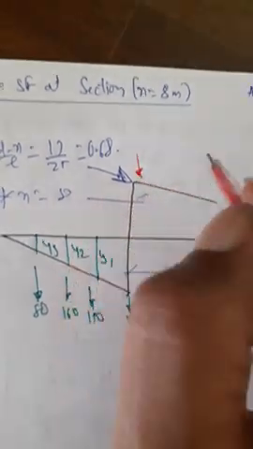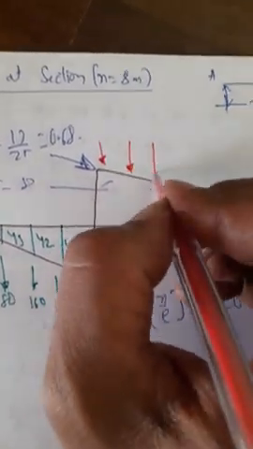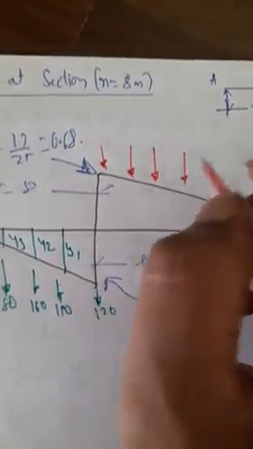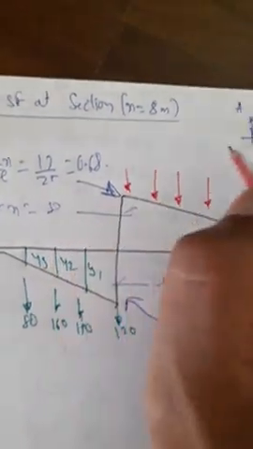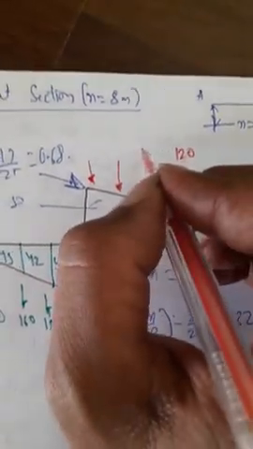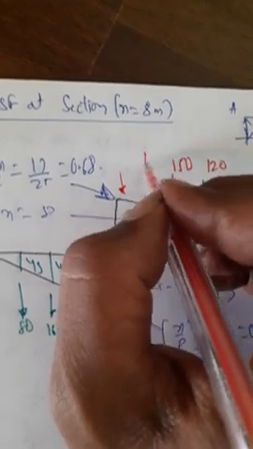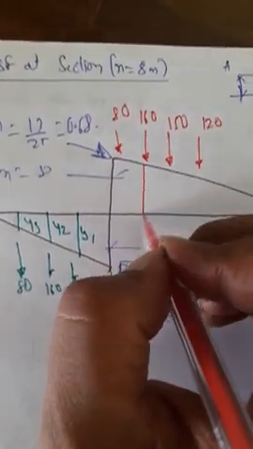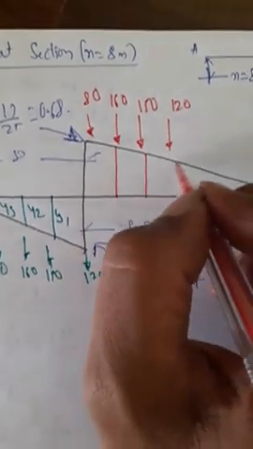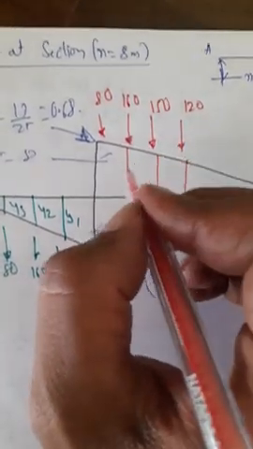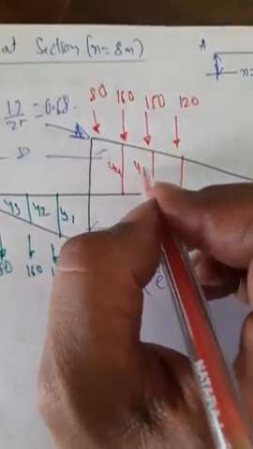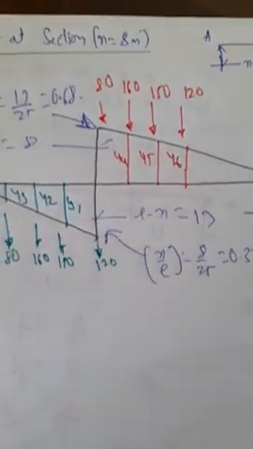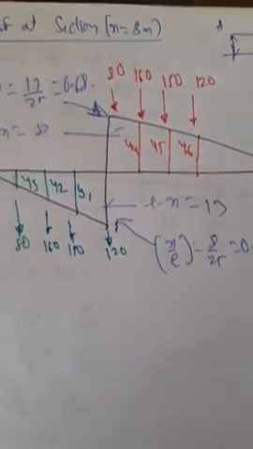Now similarly, in the next process, place the loads towards the right. So 1, 2, 3, 4. First load is 120, 150, 160, 80. These are the ordinates. Let this ordinate be y4, y5, y6. Now mark the distances.